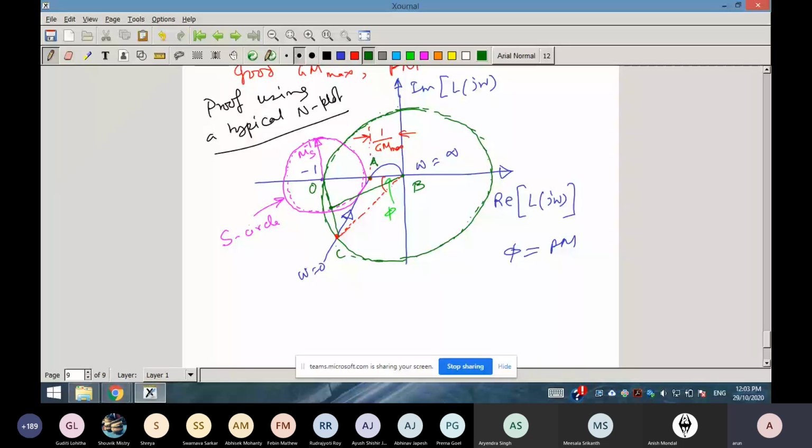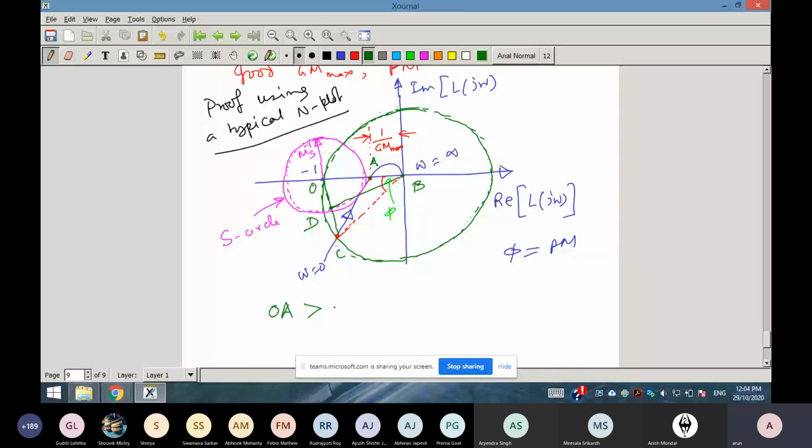So from the figure, what is OA? This is B, AB. Okay. So what is your OA? OA is of course greater than MS inverse.